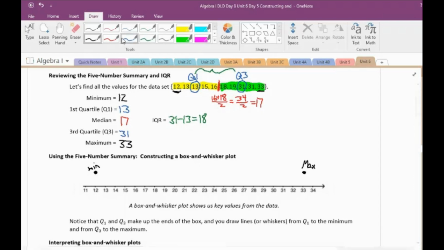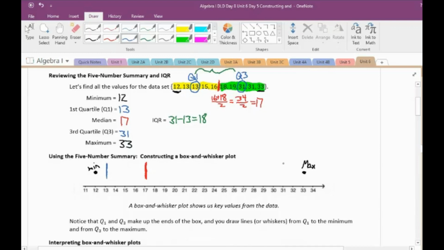Then I identify the median is at 17. And for this one, I'm going to put a bar going straight up and down. And then we have our quartiles at 13. There's 13. And over at 31.